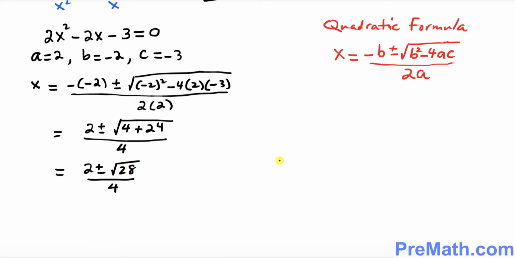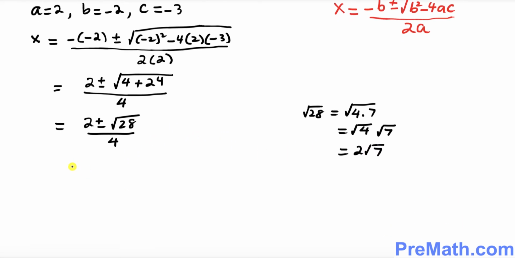Now let's look at the square root of 28. It can be broken down to 4 times 7, which can be written with separate square roots. And you know that the square root of 4 is simply 2, times the square root of 7. So I can write this whole thing as 2 plus minus 2 square root of 7, and I can split the 4 over here this way.